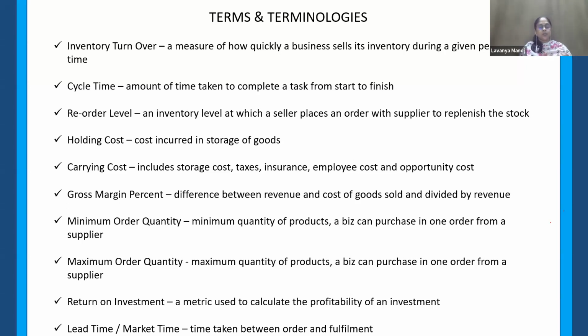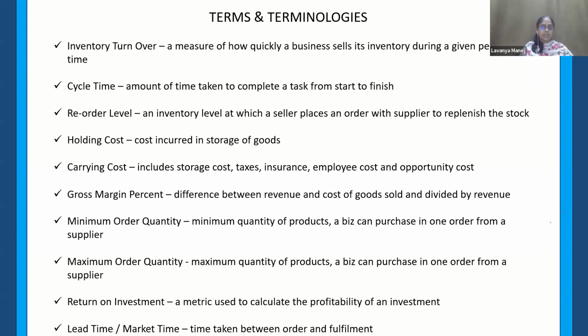You may confuse between cycle time and lead time. In most cases, cycle time and lead time may seem to be one and the same, but that is not the case. Cycle time is different. Lead time, market time is different. Cycle time is the time taken between the start and end of one particular task. It may be production, or transportation from one place to another, whatever the task.